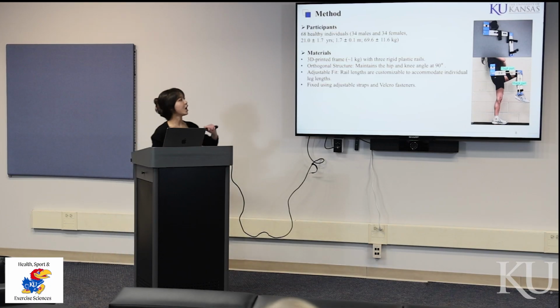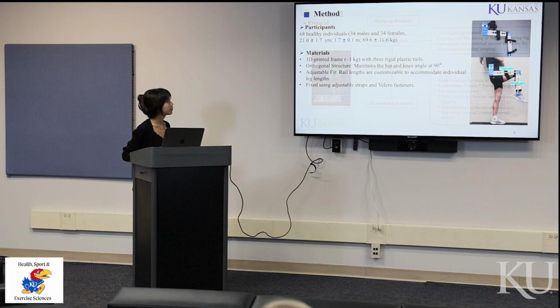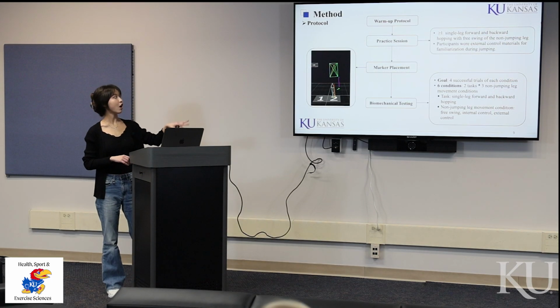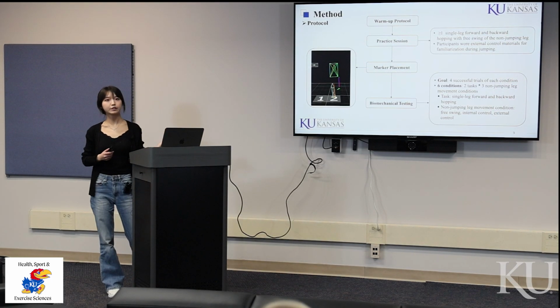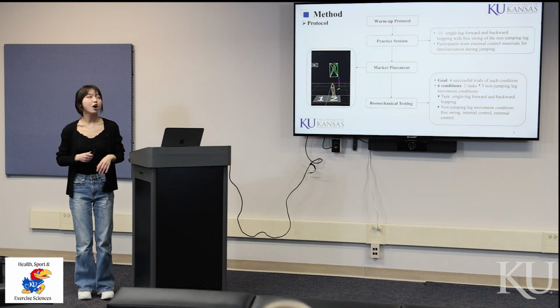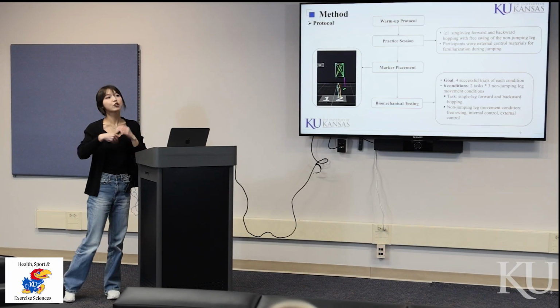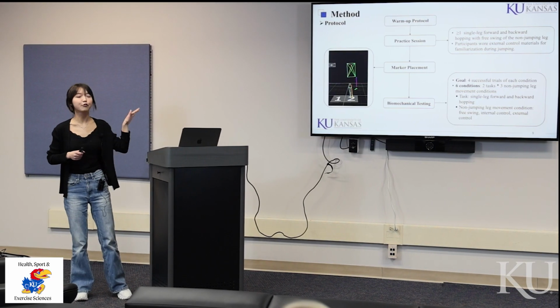We will attach this L frame to the participant's non-jumping leg. And this is the protocol of this research. At first, they will do the warm-up, and we will do the practice session. The goal of the practice session is that we want our participants to feel comfortable while jumping with the frame.